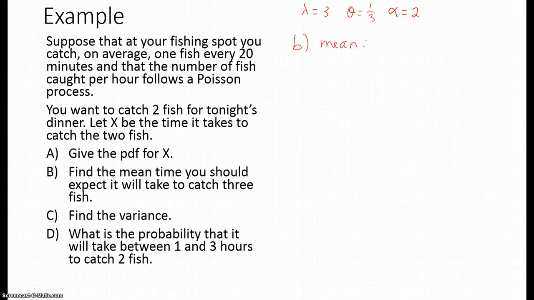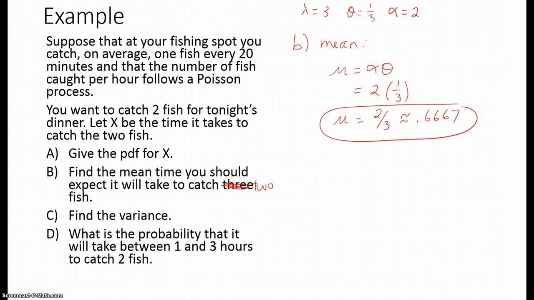Now, part B, we're going to find the mean time we should expect it will take to catch 2 fish. We know that the mean is equal to alpha times theta. Since alpha is equal to 2 and theta is equal to 1/3, we multiply those together.